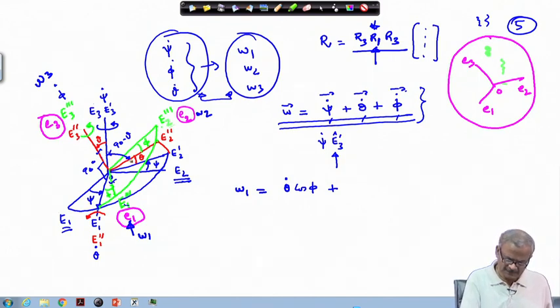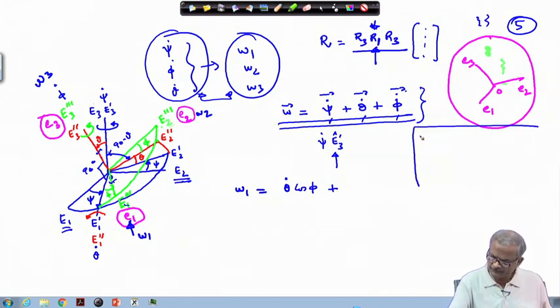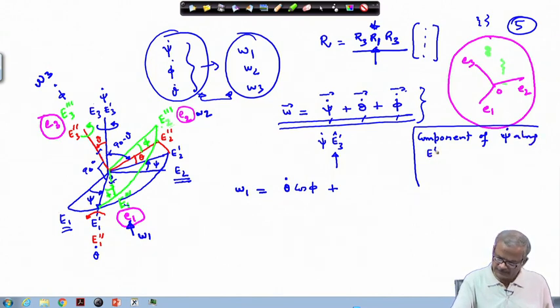So, I will write here the component of psi dot along E double prime 3, this is psi dot cos theta, and along the E 2 double prime will be psi dot cos of 90 minus theta. So, that becomes sin theta.